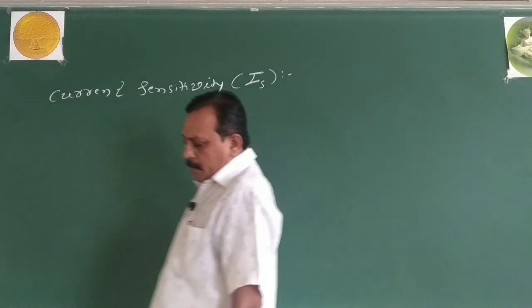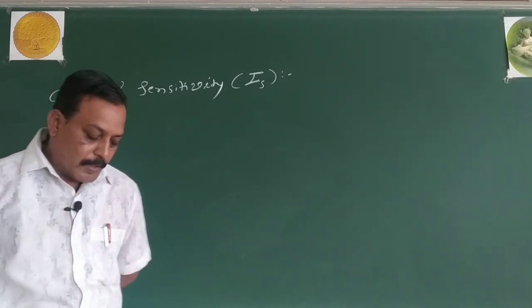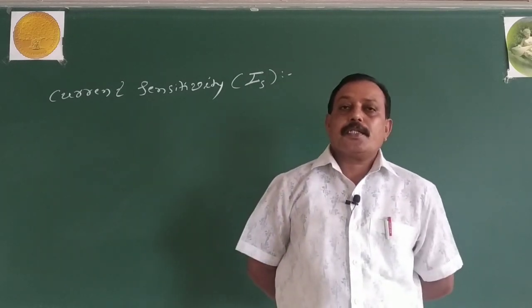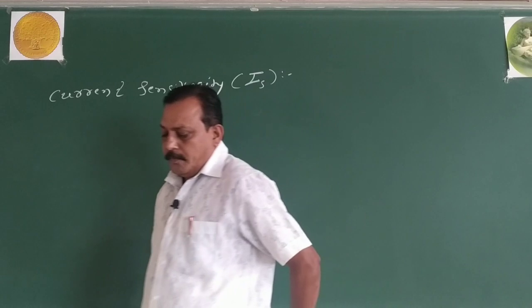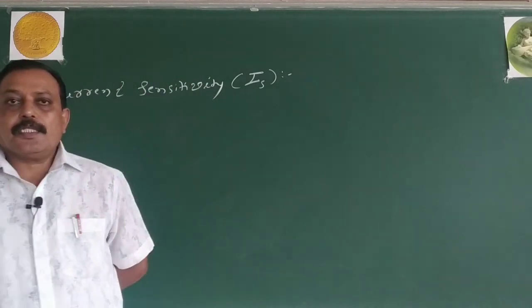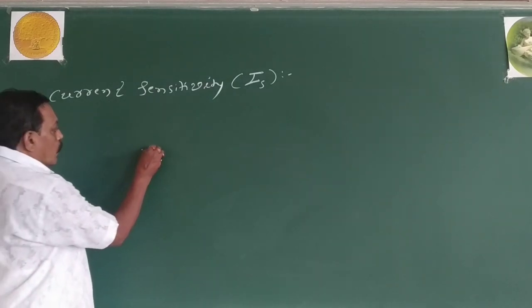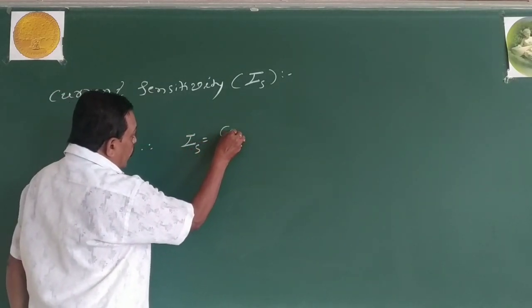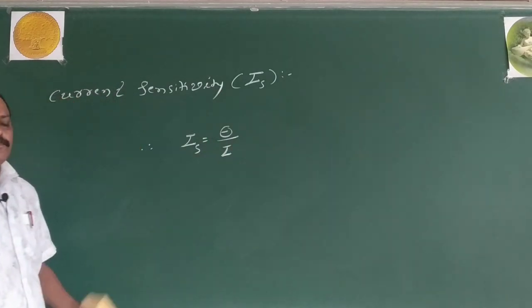It is defined as the deflection per unit current. The deflection per unit current is known as current sensitivity. Therefore, current sensitivity is defined as the deflection per unit current, theta by I.